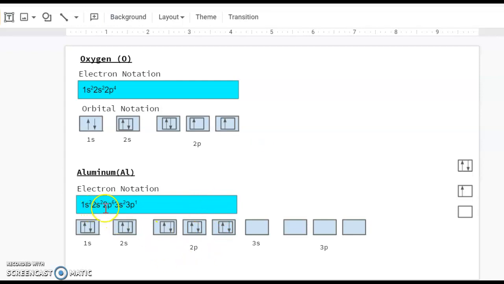So it's 2p6. Then next we have 3s2. Then we have 3p1. So this is what aluminum represents.